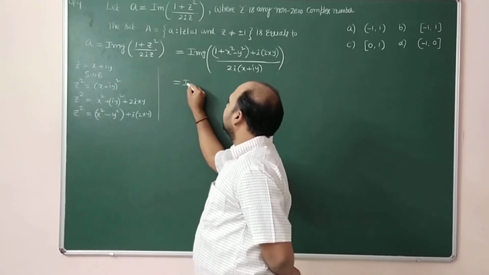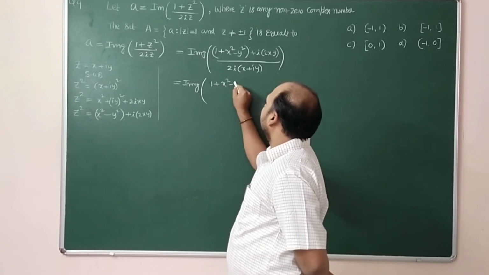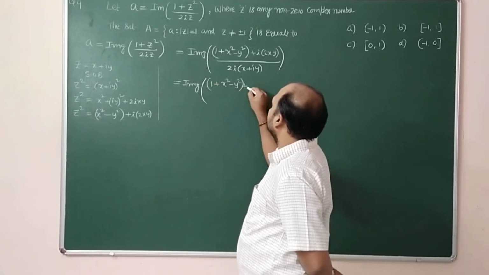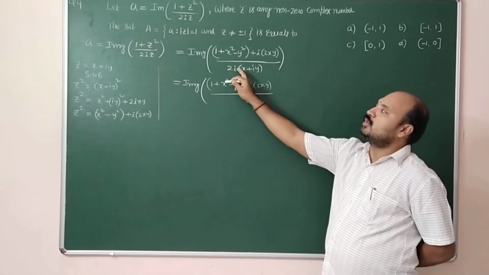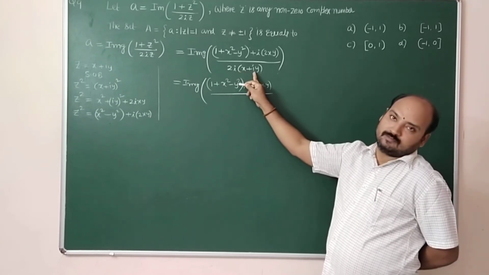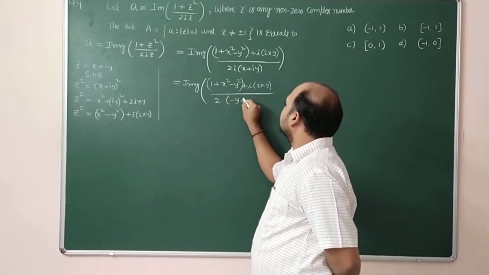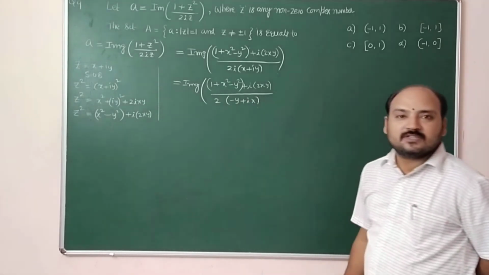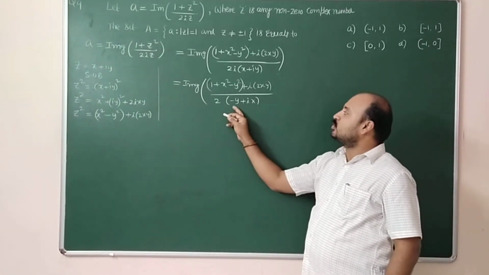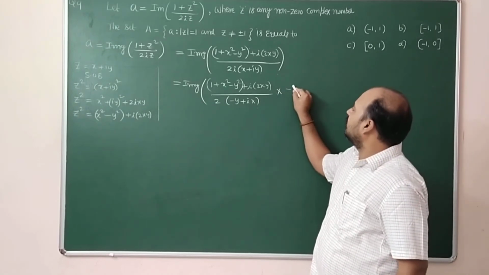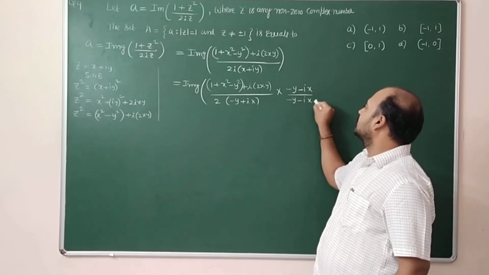So it is equal to the imaginary part of 1 plus x square minus y square plus i into 2xy, divided by 2 constant i into (i square minus 1)... so xi. So 2 constant, minus y plus ix. So rationalizing here only you can do that. Minus y plus ix, the rationalizing factor is minus y minus ix. So multiplying and dividing by minus y minus ix.